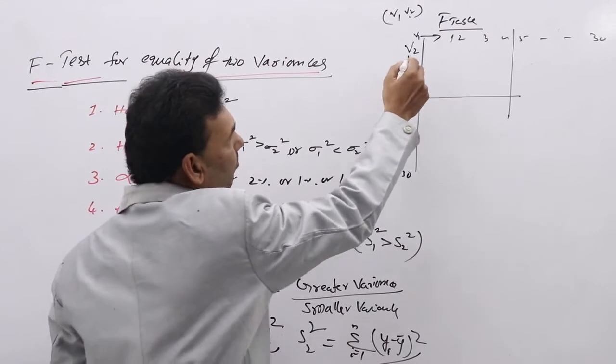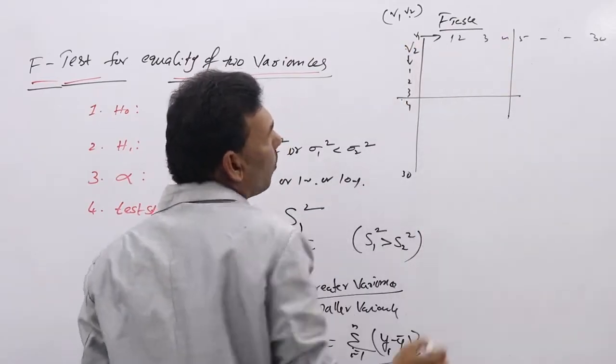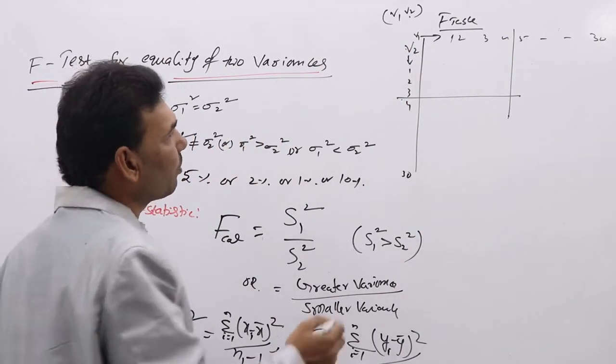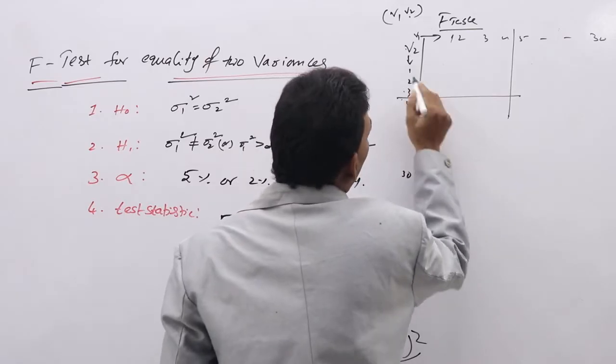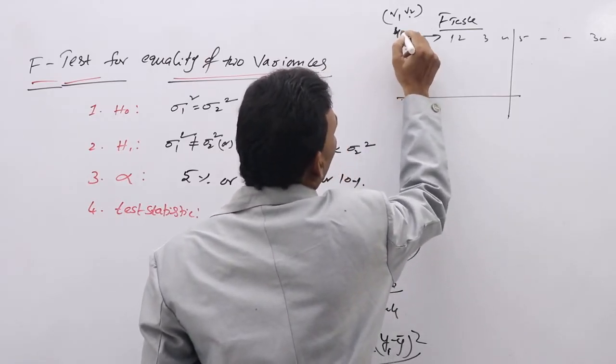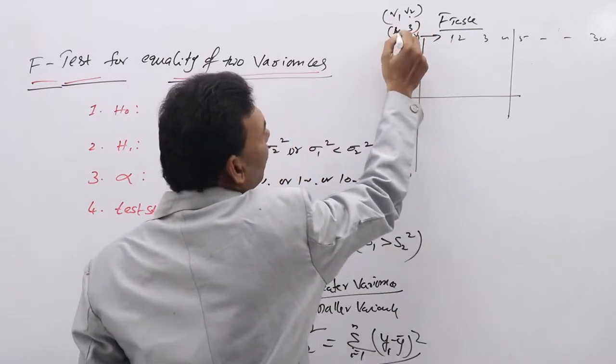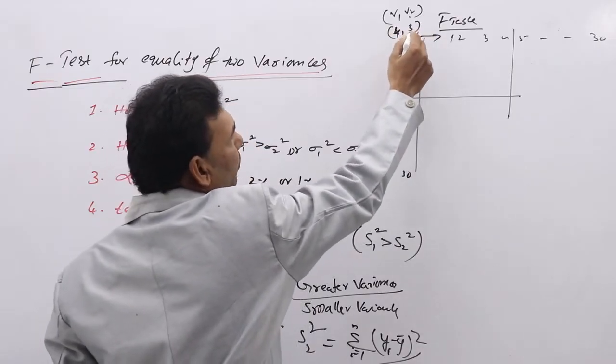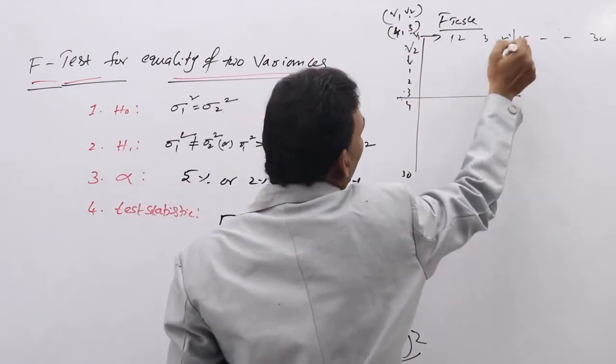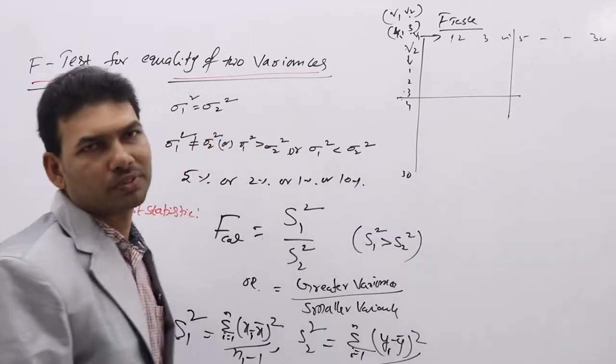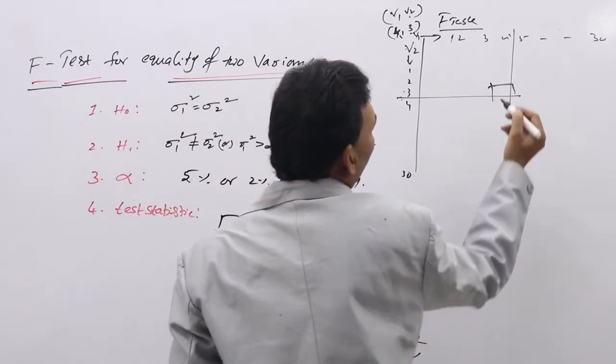V2 will be in column, V1 in row. So if you want to see V1 4, V2 3, then in line 3 under 4 you need to see the value. Here you will get the table value.